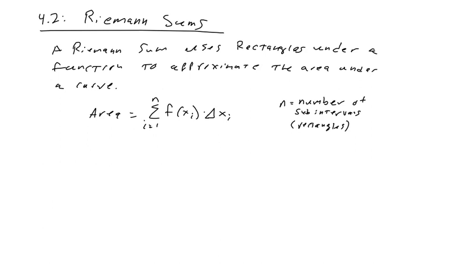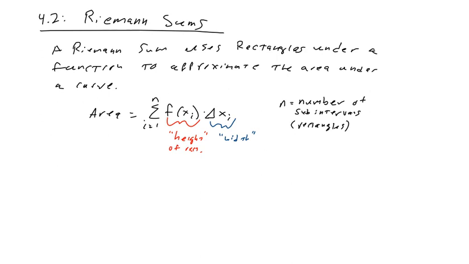So you're adding up all the rectangles. You're adding up from 1 to n rectangles, however many rectangles you choose, your subintervals. And f of x sub i is like the height of the rectangle, and delta x is like the width of the rectangle.